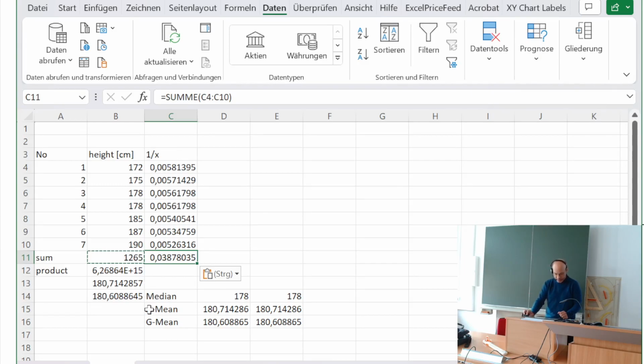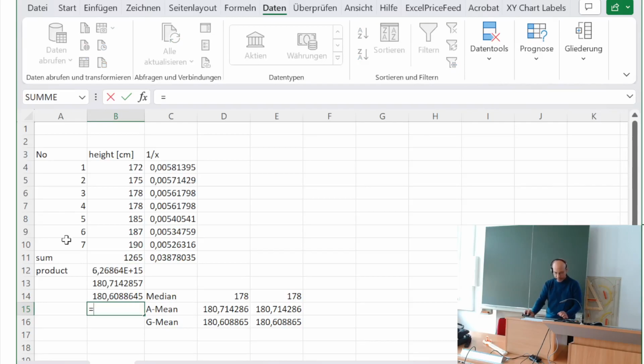And then we have to calculate 7 divided by the sum of the inverted numbers. And again, you see we have a number quite close to the geometric and the arithmetic mean.